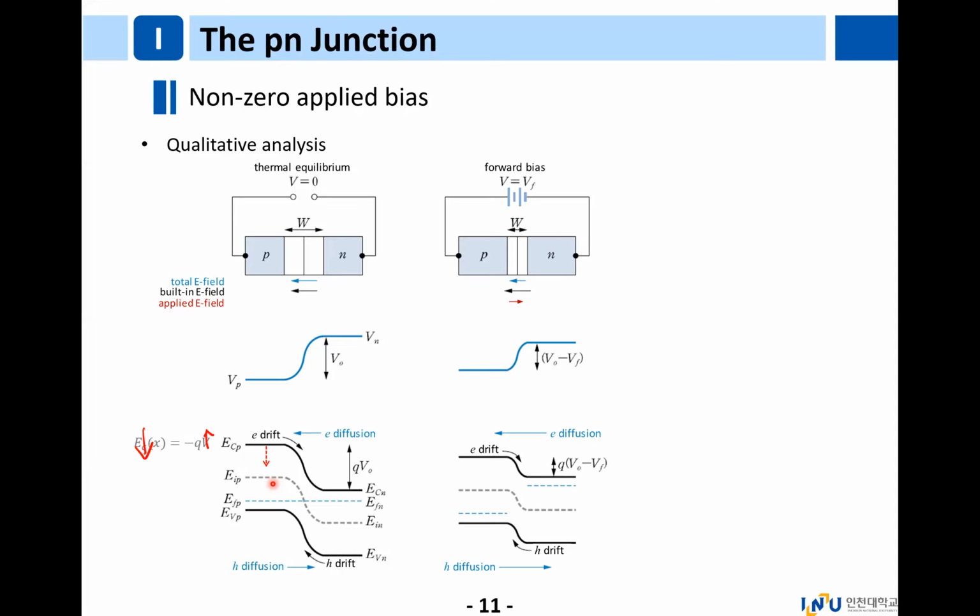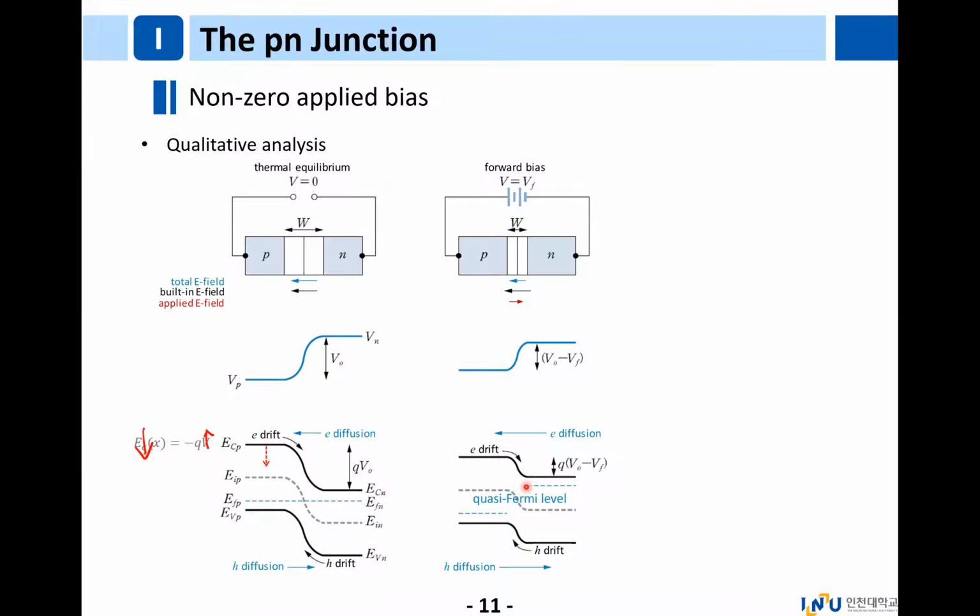Under non-equilibrium conditions, the single Fermi level for electrons and holes in equilibrium gets split into two quasi-Fermi levels, right?